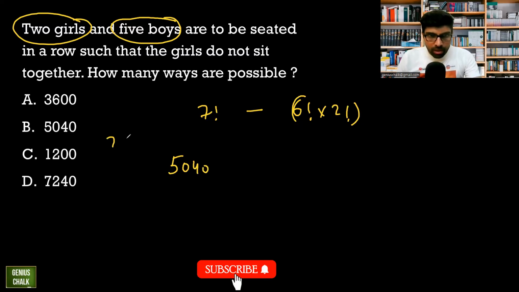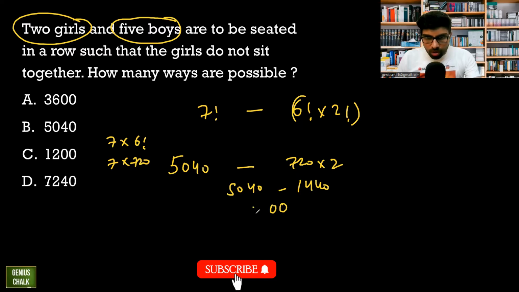You can see it is 7 into 6 factorial, and 6 factorial is 720, so 7 into 720, minus 6 factorial into 2, which is 1440. So 5040 minus 1440 comes out to be 3600. That is option A.